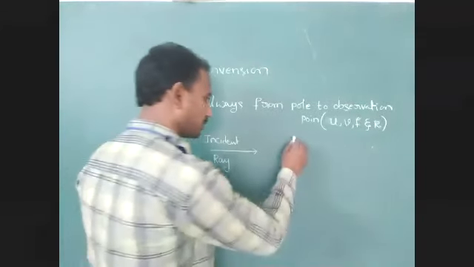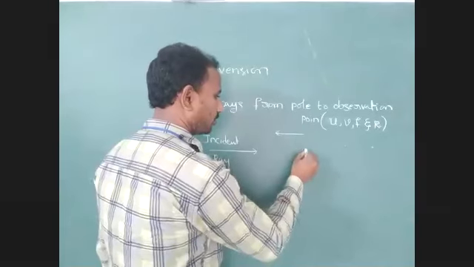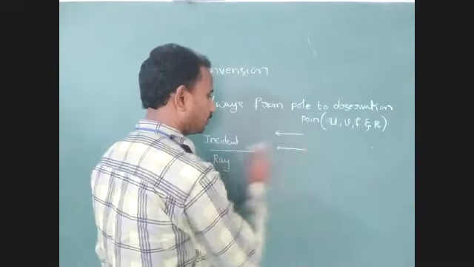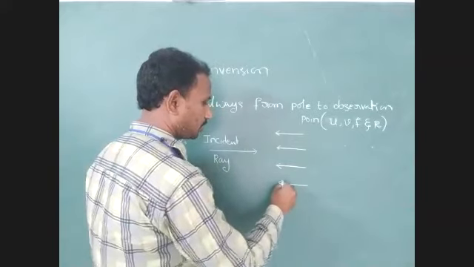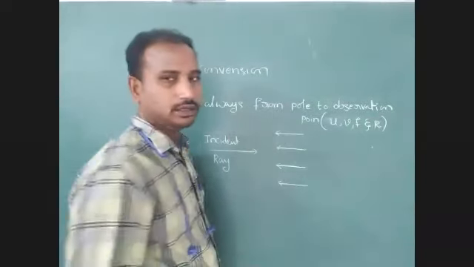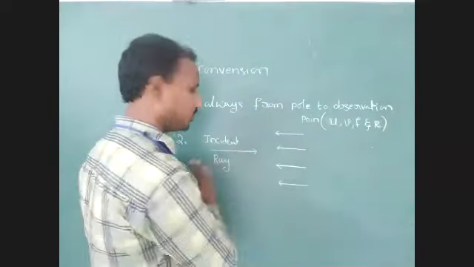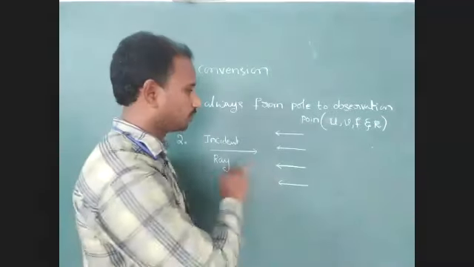Now we consider the direction of the distances. Object distance direction is opposite to the incident ray. Image distance direction is opposite to the incident ray. Focal length direction is opposite to the incident ray. Radius of curvature direction is opposite to the incident ray.